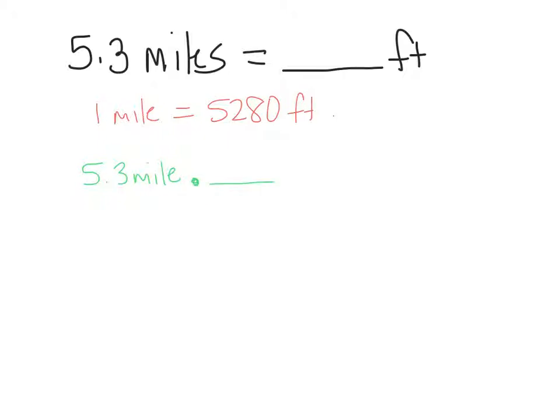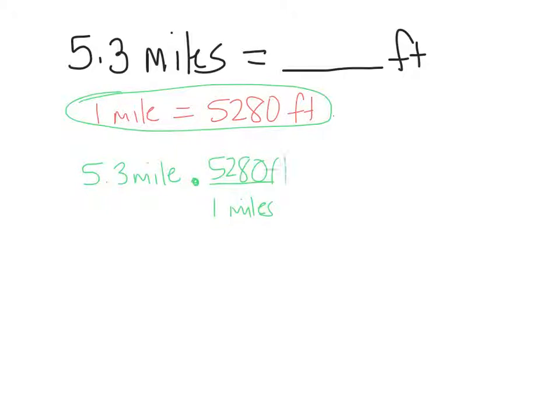I'm going to take the comparison, the way miles and feet are related to each other, and I want the units that are the same to be diagonal from each other. So the 1 mile is going to go on the bottom, and the 5,280 feet is going to go on the top. Then I'm going to turn this into a fraction by putting it over 1.